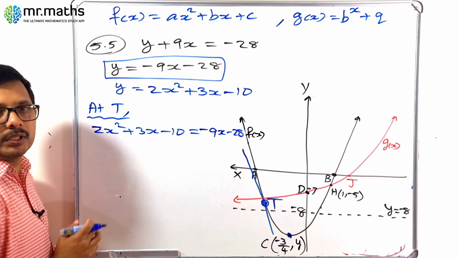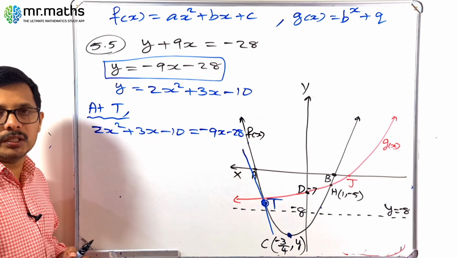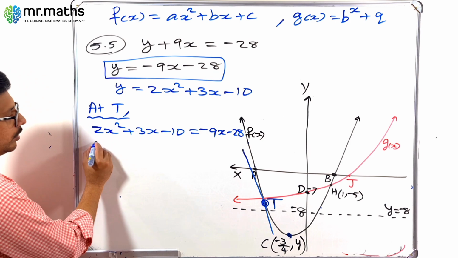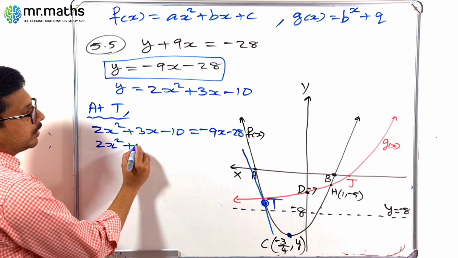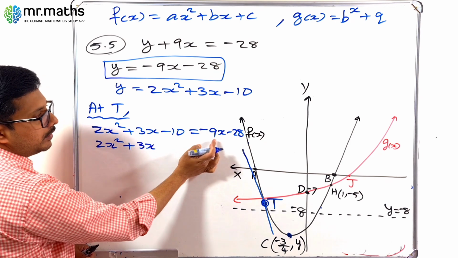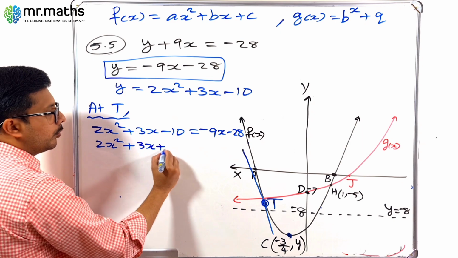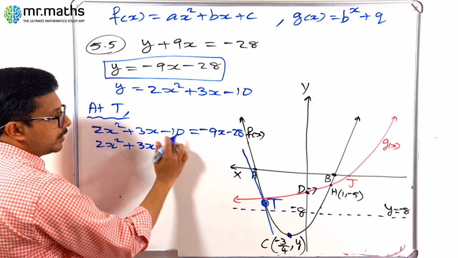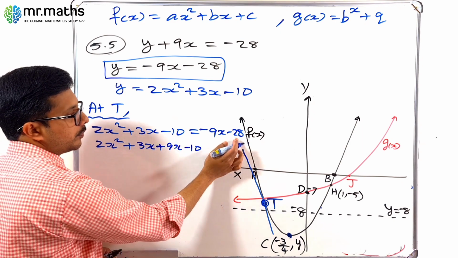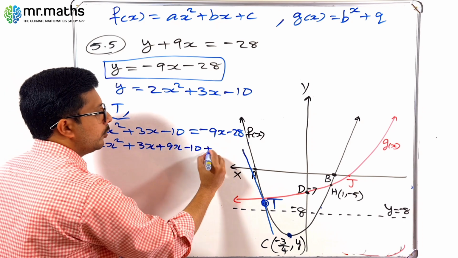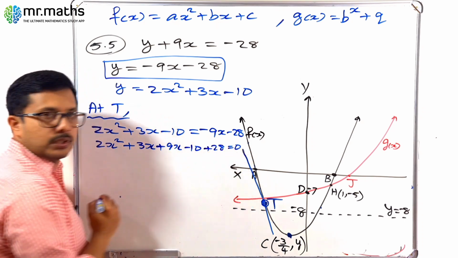Now you have to simplify this, factorize and find the value of x. So it is 2x square plus 3x, take this minus 9x to this side, so it is positive 9x, then minus 10, take this minus 28 to this side, so it is positive 28, is equal to 0.